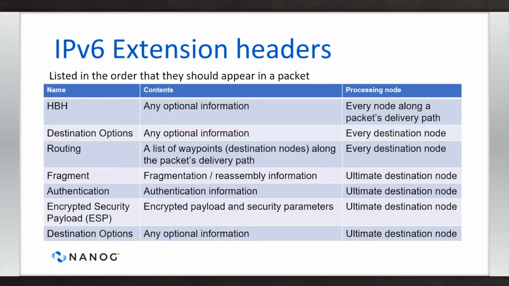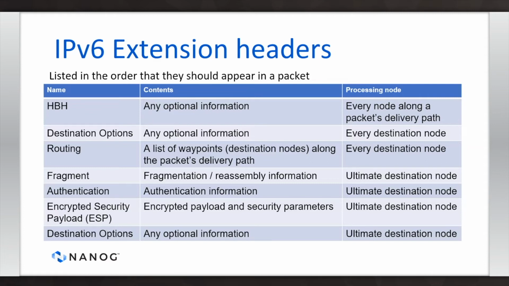HBH is processed by every node along the packet's path. So when you're processing an IPv6 packet, if there is a HBH coming right after it, it's going to be processed. The next thing you will do is look for a destination option. That one is to be processed by every node that's listed in the routing header.